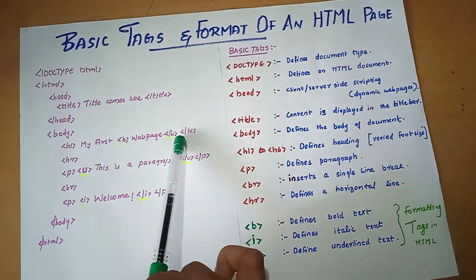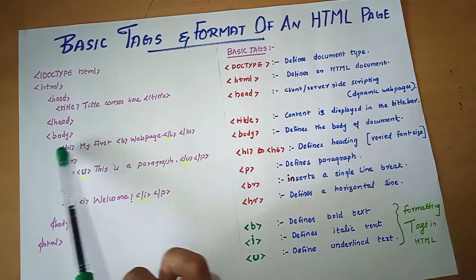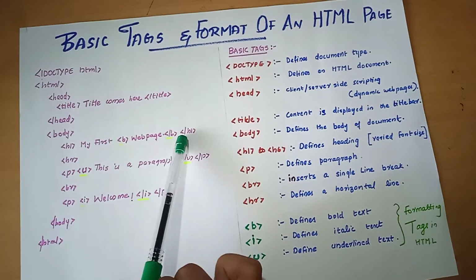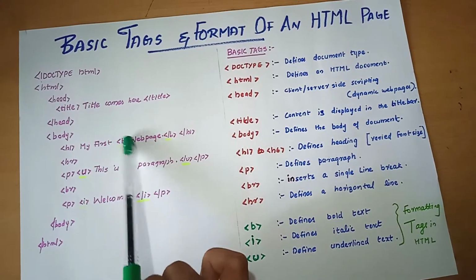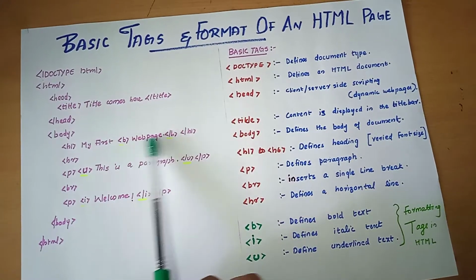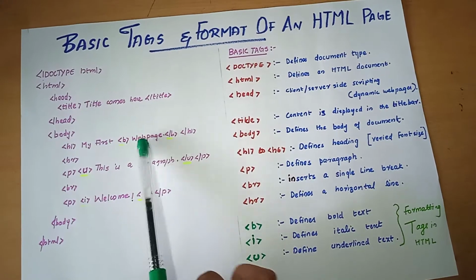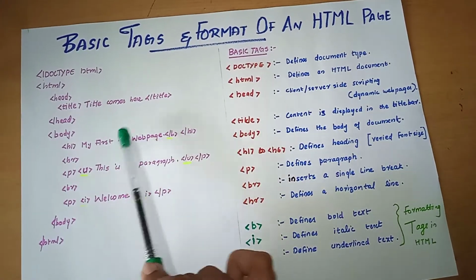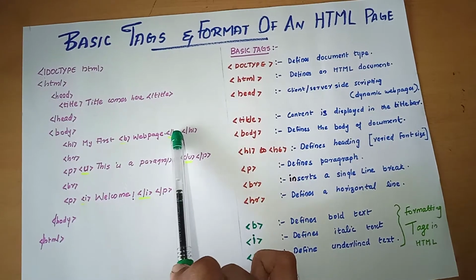There are 6 tags available. So when we look into this line, we can see another tag here, that is the bold tag. That means if we write something inside this tag, it will be displayed in bold font.